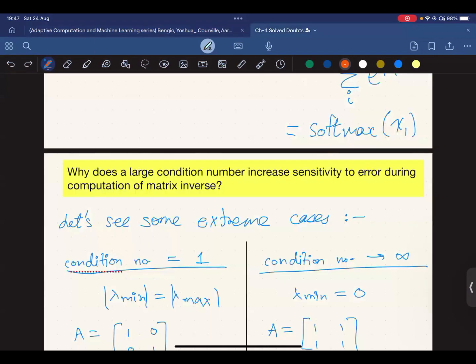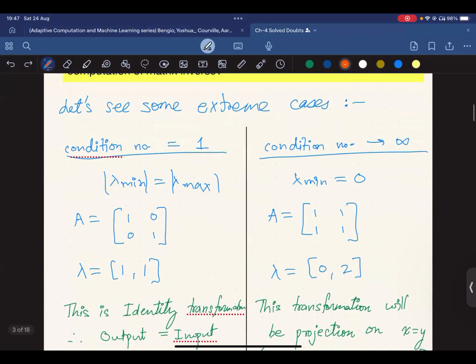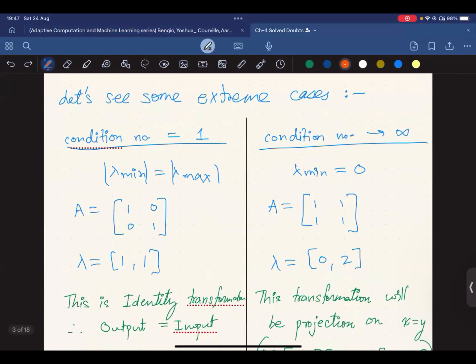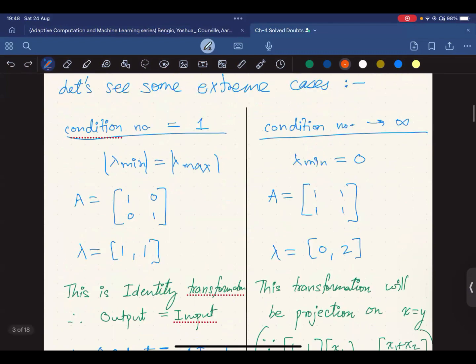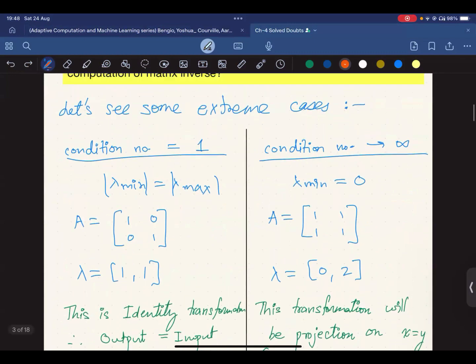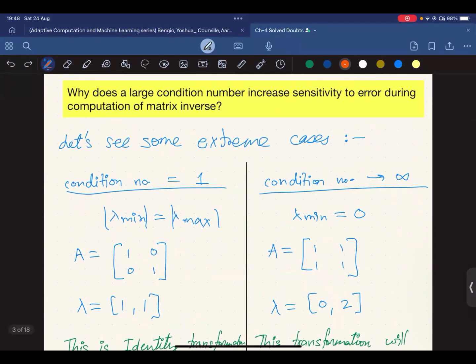When it is equal to one, let us consider one case. For example, the matrix is the identity matrix. We have eigenvalues 1 and 1. Then we know that output equals input. Here we have the equation Ax equals b, and we want to find x.